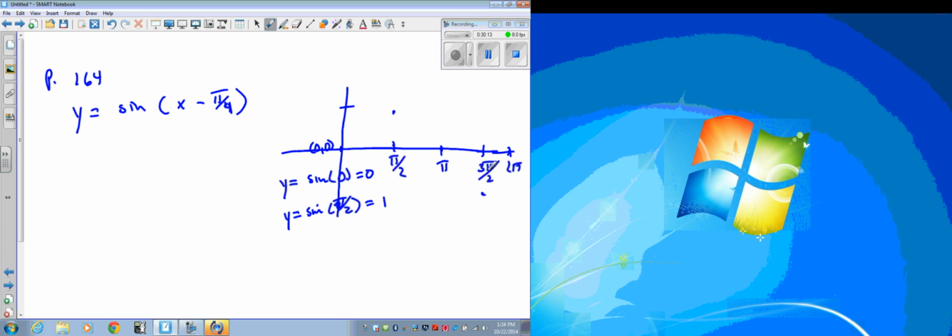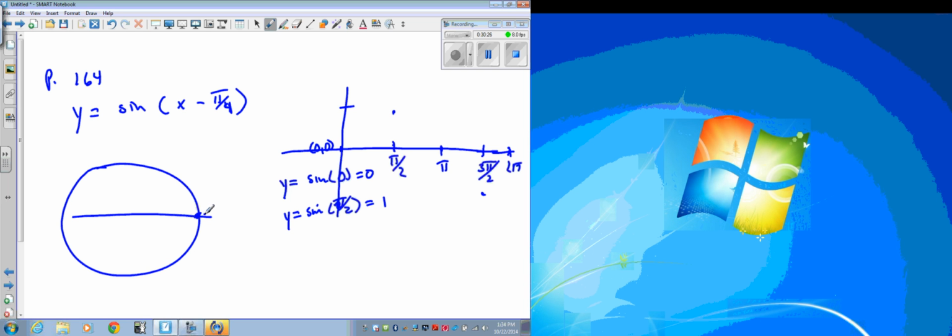So what is the height of the y-axis on the unit circle at 0? 0 height, right? At pi over 2, it's at plus 1. At pi, 0. At 3 pi over 2, negative 1. And at 2 pi it's 0. So it's 0, 1, 0, negative 1, 0. Correct?